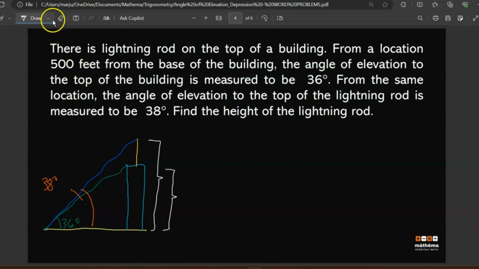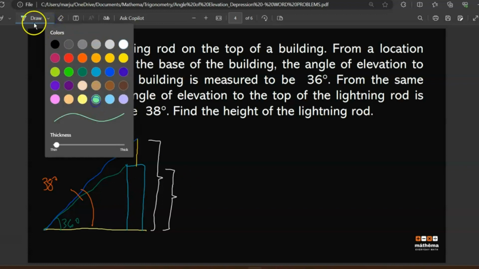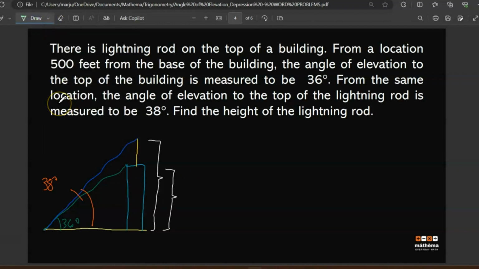What angle should we use? Again, if you look at this one, the green line, this is intended for the height of the building. So that is again 36 degrees. And we know that this is 500 feet.